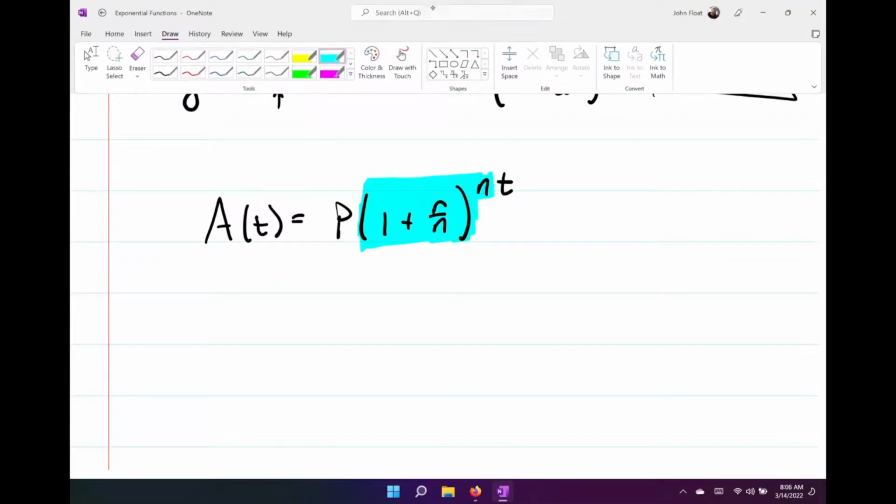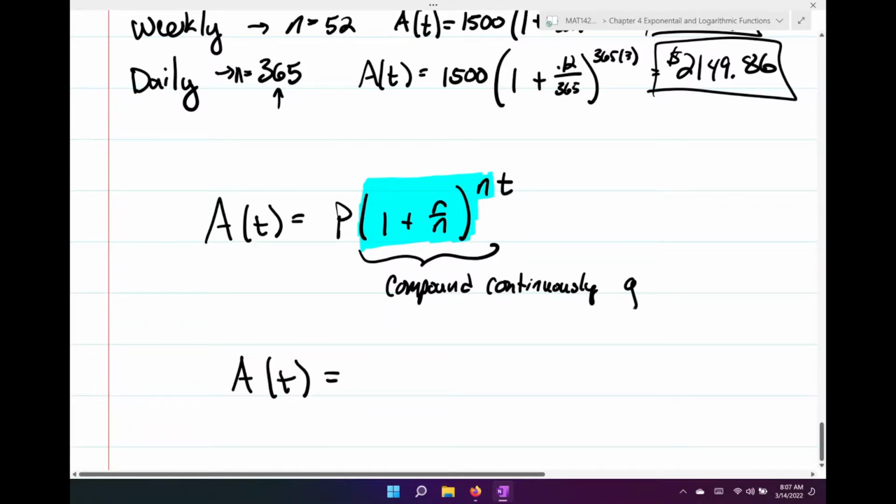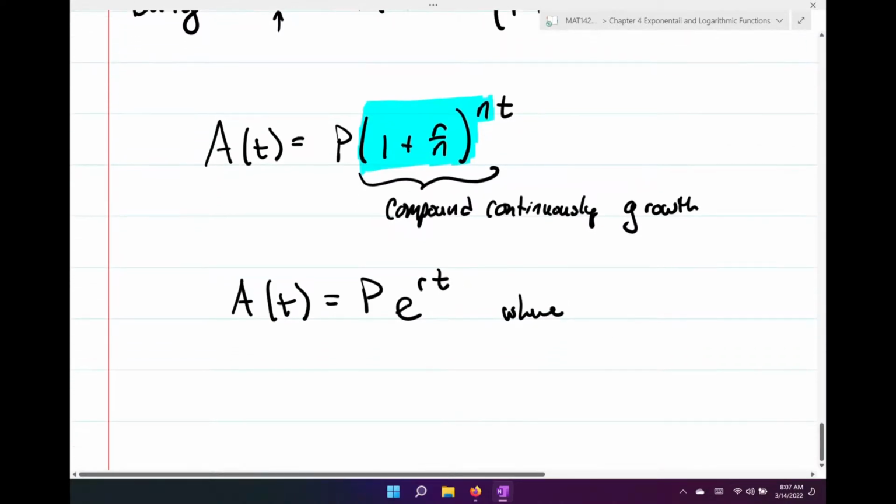In the next section, we're going to learn that if you allow the money to compound continuously, meaning nonstop, every second of every day the money is growing, we call that continuously compounding growth. And that formula looks like this. And this is what the definition of e is.